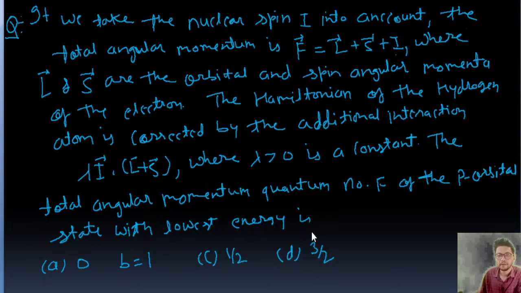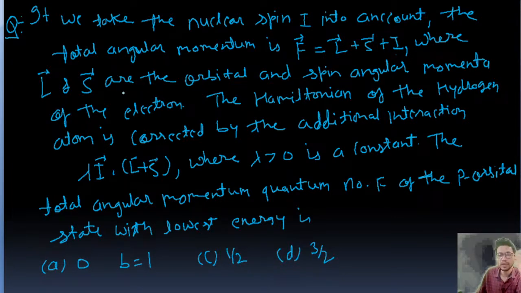So I'll read it for you. The question is, if we take the nuclear spin I into account, means if we consider the nuclear spin also, the total angular momentum is F equal to L plus S plus I. Okay, the sum of orbital angular momentum, spin angular momentum, and nuclear spin momentum.